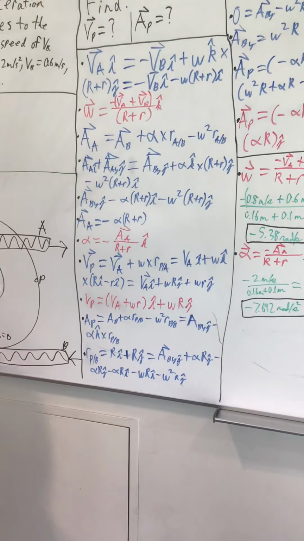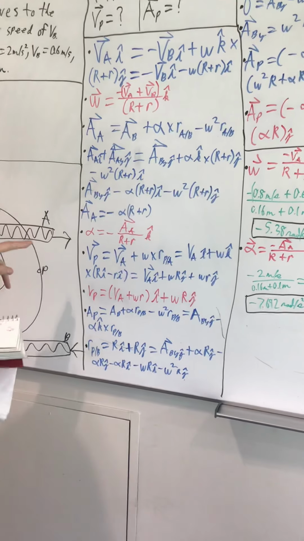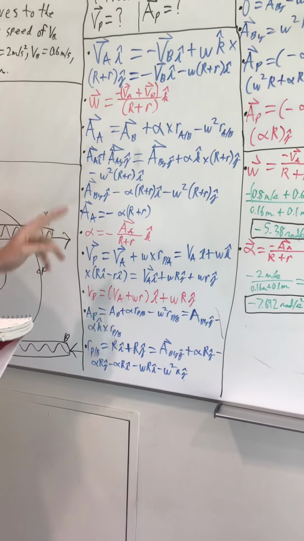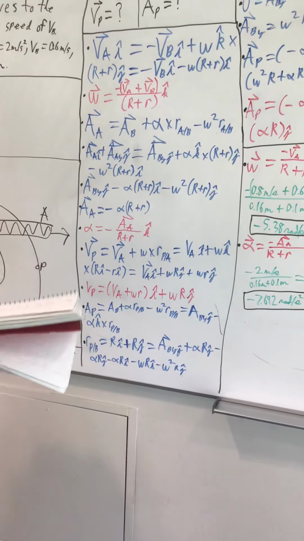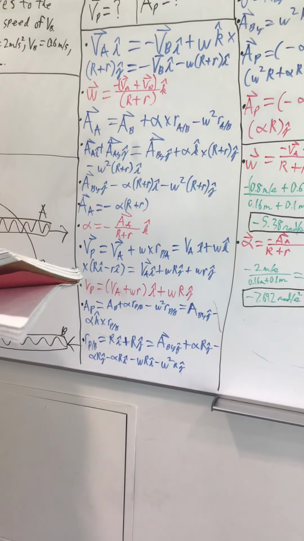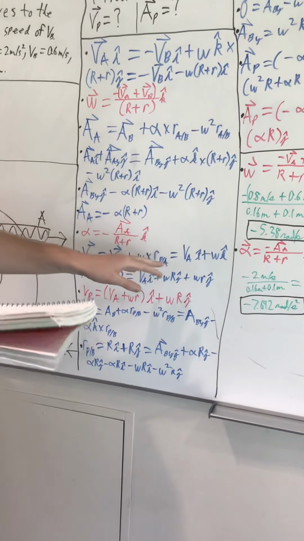Now that we have found the components we needed for A and B, we can use these next equations. Velocity of P is equal to velocity of A plus omega crossed into R of P of A. We have already found earlier the values that we needed.